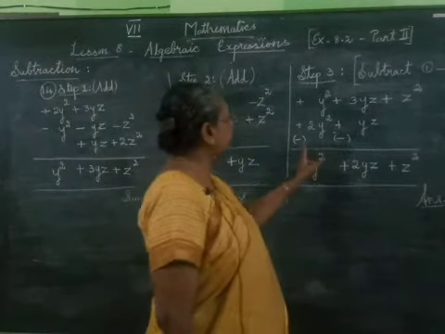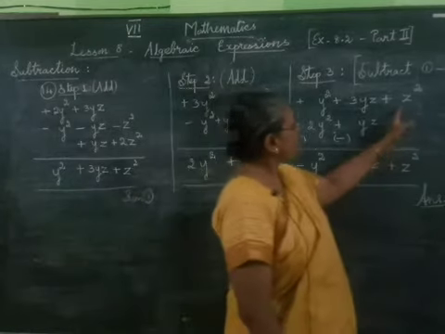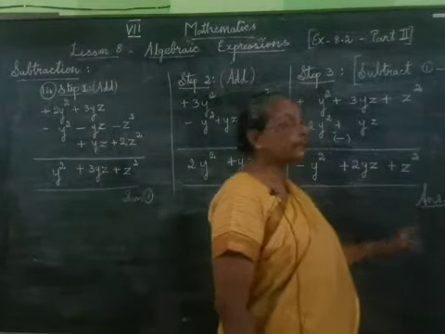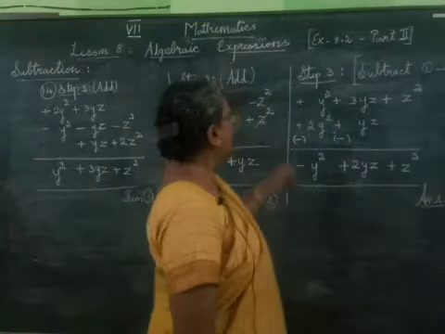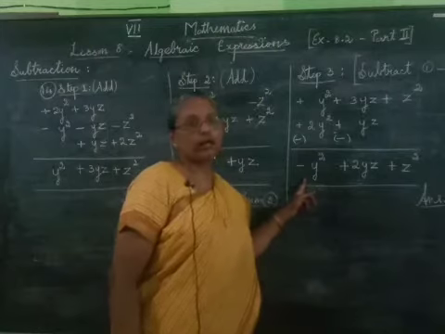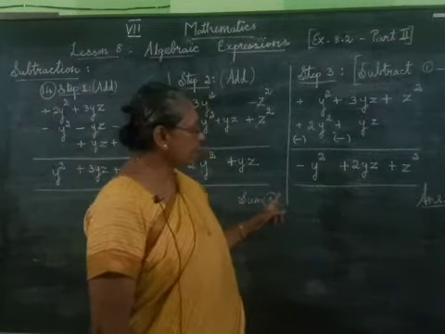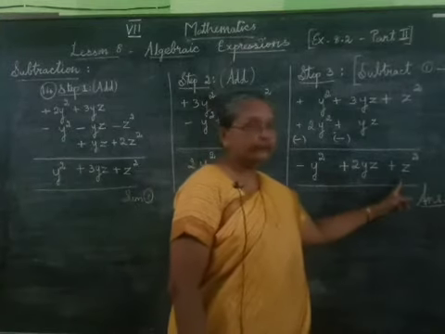When we change the sign, this becomes minus, this becomes minus, then plus z² is written as it is, plus 3 minus 1 we get plus 2yz, and plus 1 minus 2 we get minus 1y². So the final answer will be −y² + 2yz + z².